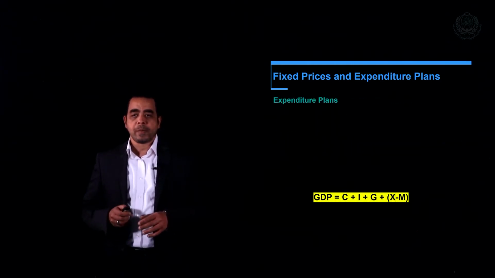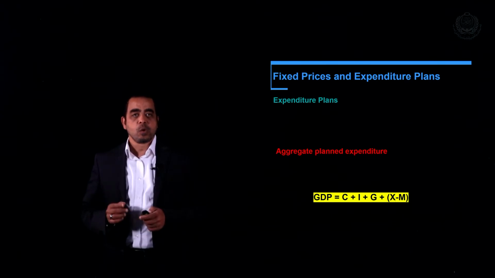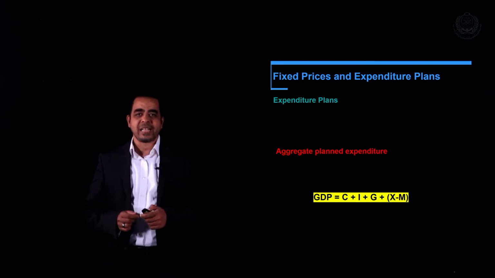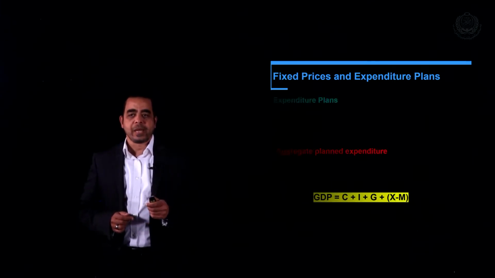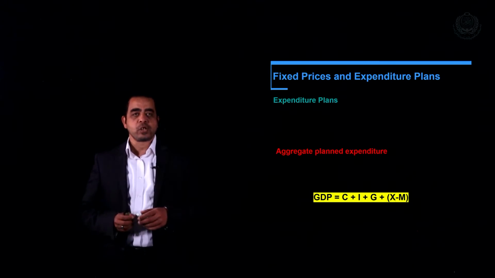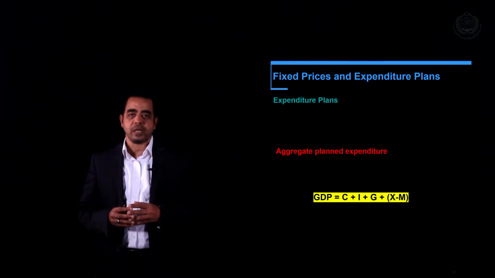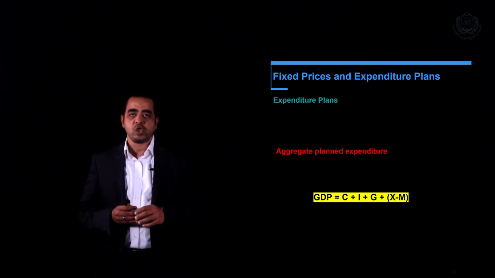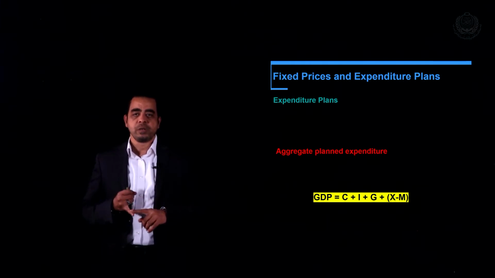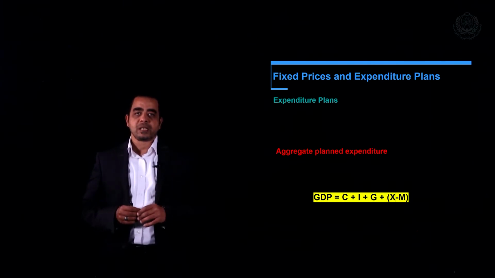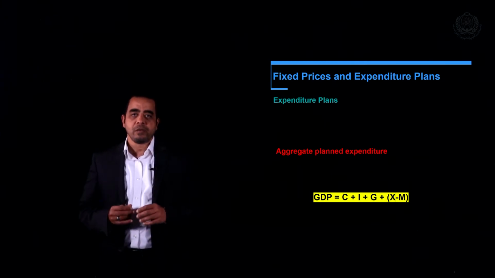When we talk about aggregate demand, we have a similar term, which is aggregate planned expenditure. The aggregate planned expenditure equals the components of the expenditure approach of the GDP, which is C, I, G, X minus M: consumption, investment, government purchases, exports minus imports, which are the demands of the four sectors of the economy: firms, households, government, and the rest of the world.